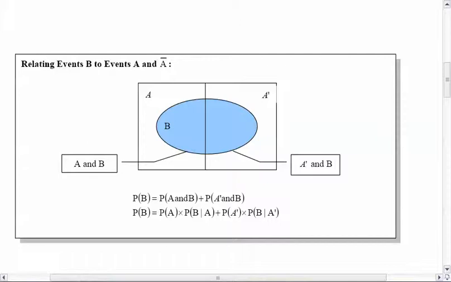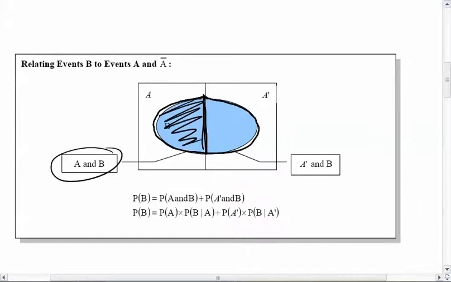Now the next part is a little bit more complicated as a diagram. This is not going to be too important for you, but it's for interest's sake. If you want to know the total probability of something happening, if it's a conditional situation, then what you can do is find out the chance of A and B happening, which is this part here, and add that to the chance of B happening and not A happening.